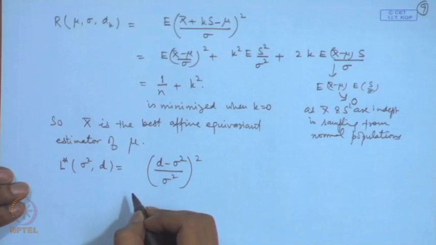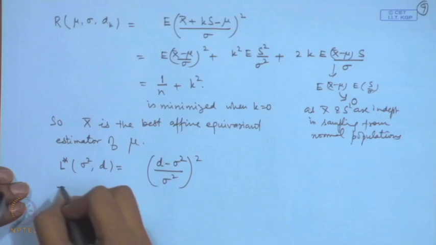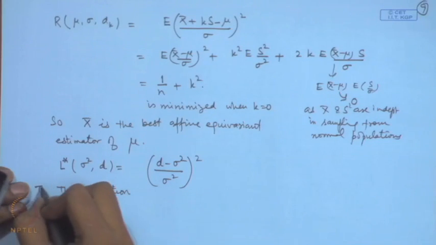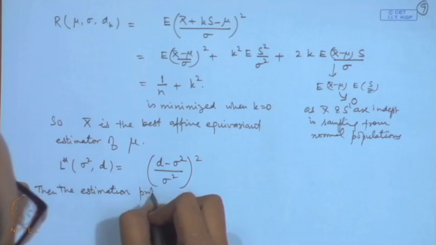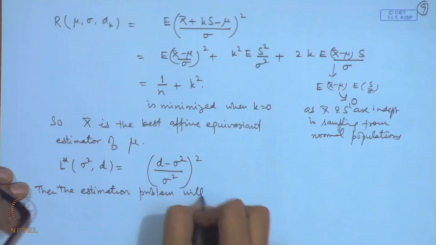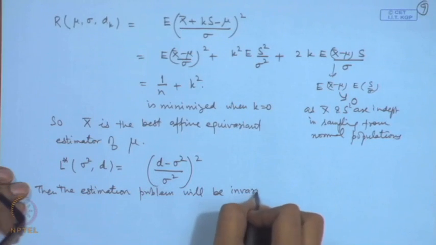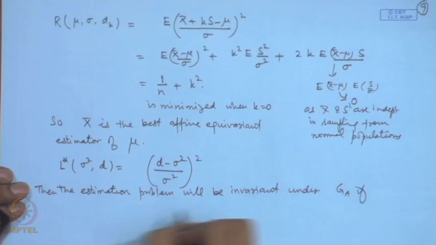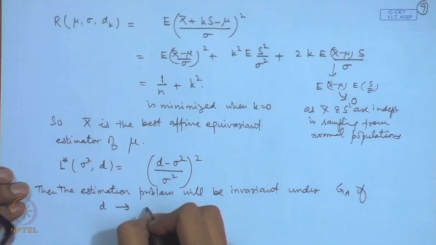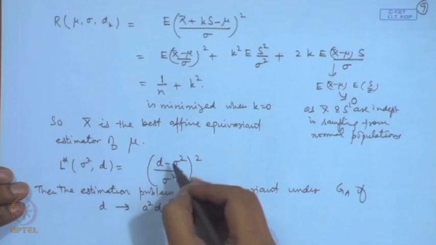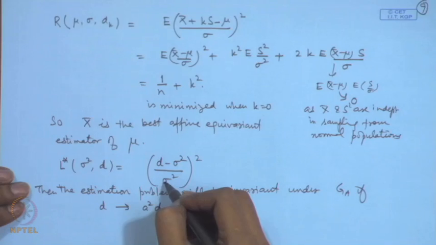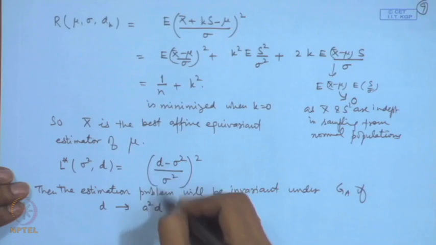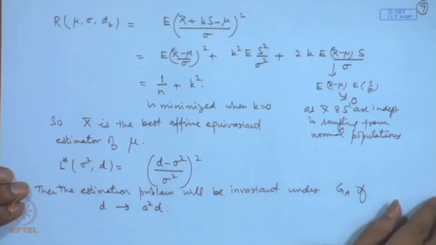If I consider this, then the estimation problem remains invariant under the affine group if d goes to a square d, because sigma square goes to a square sigma square. So, this will remain invariant if d goes to a square d.